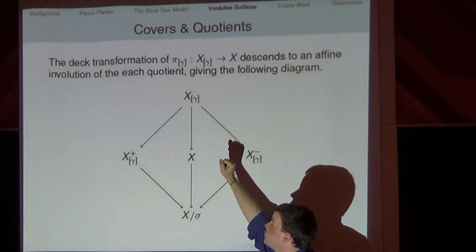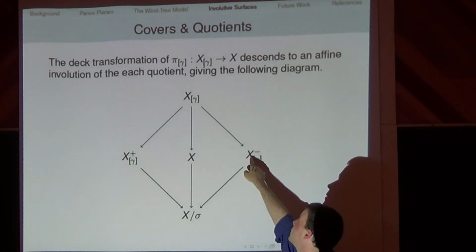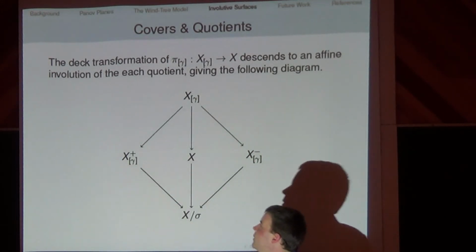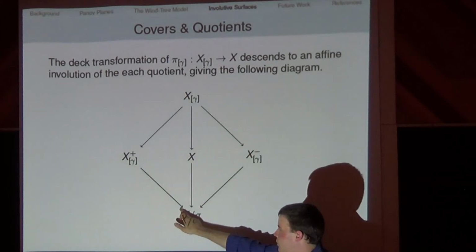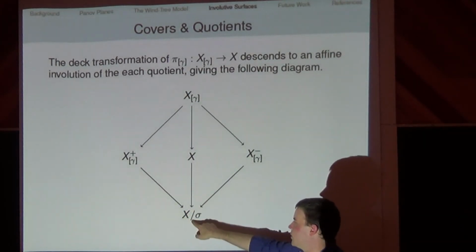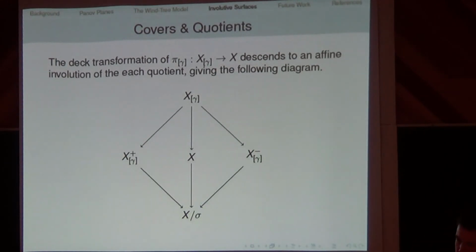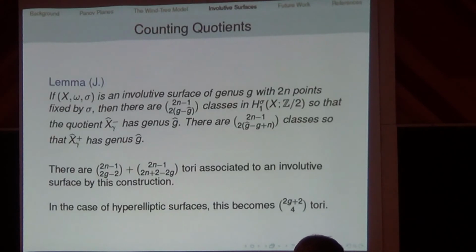And the Dehn transformation descends to an involution on both of these. And sort of remarkably, if you take the quotient of those surfaces under that descended involution, you get back your original quotient from this surface modulo its involution. Okay, so you have this diamond diagram that relates all of these surfaces.